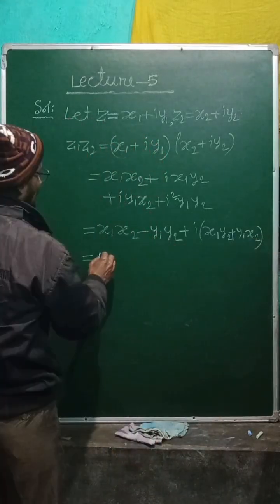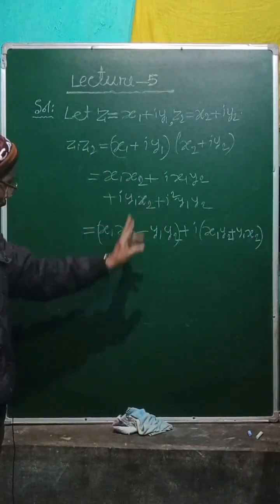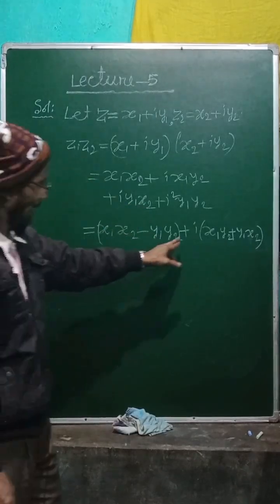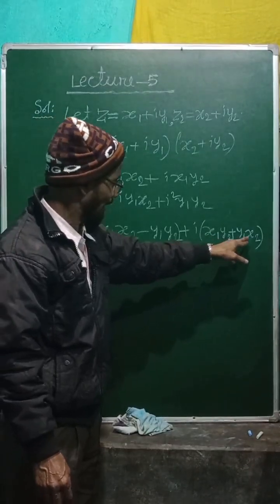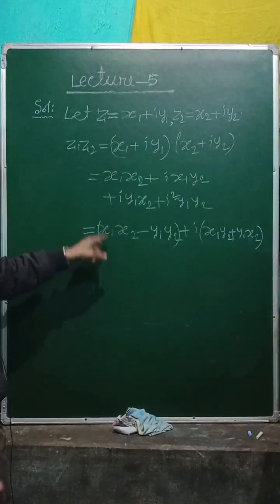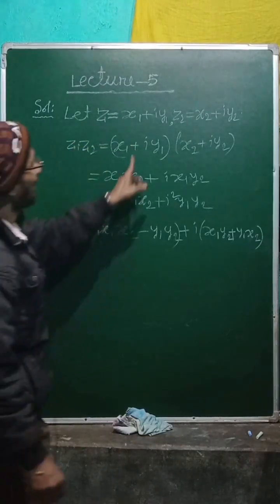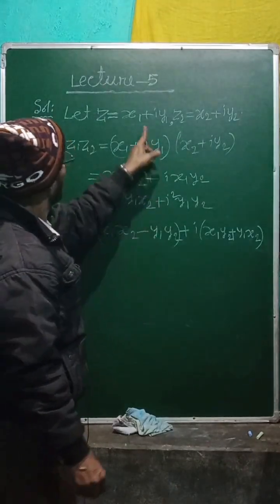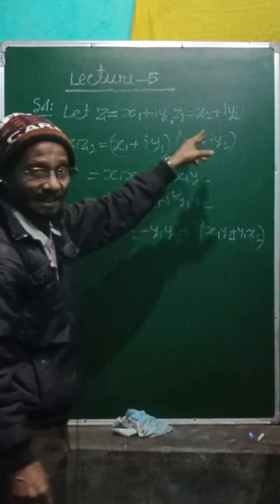is equal to, so see here x1 x2 minus y1 y2, real part of this product, and this is the imaginary part, x1 y2 plus y1 x2. So real part of this product is this, and this is again we see that in z1 x1 is the real part, okay, and x2 is the real part of z2, and then minus y1 is the imaginary part of z1 and y2 is imaginary part of z2.